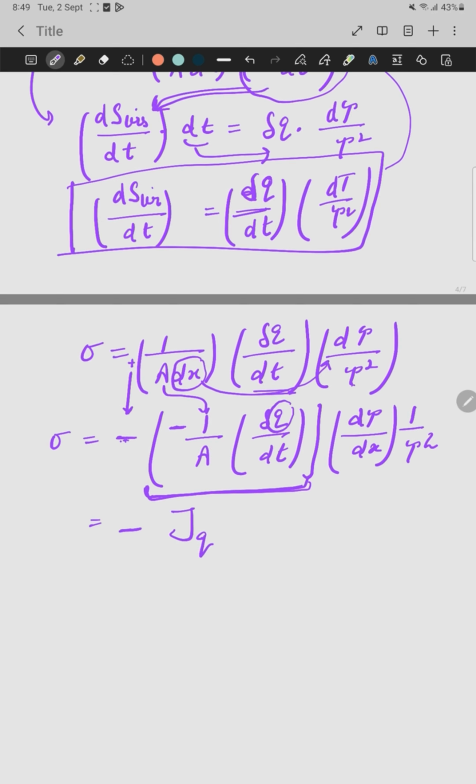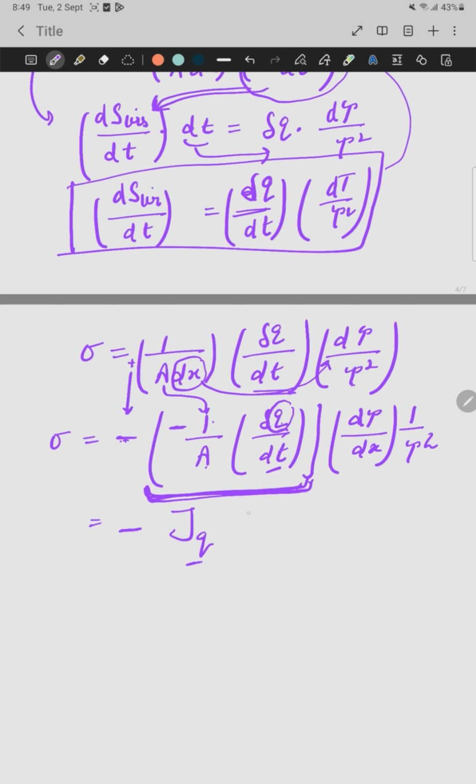When we study the topic of flow, flux and force, we study that the flux is equal to this expression: minus 1 upon area into the change in that particular physical quantity with time. This will become the flux of that particular flow.